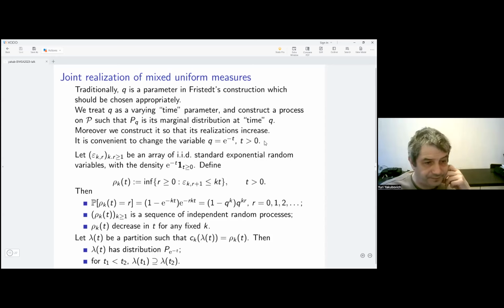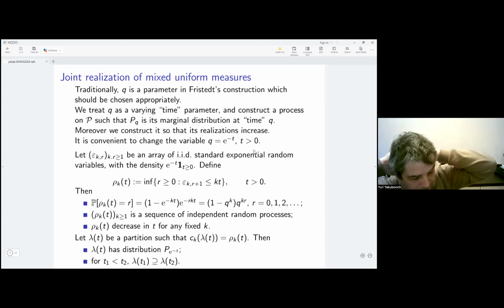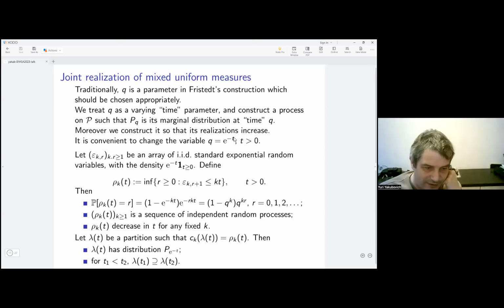And now we shall construct a family of distributions of processes, independent of this time t, such that we can construct a partition which at time t has free-state distribution with this parameter q, which is e to the power minus t. And the construction is very simple.